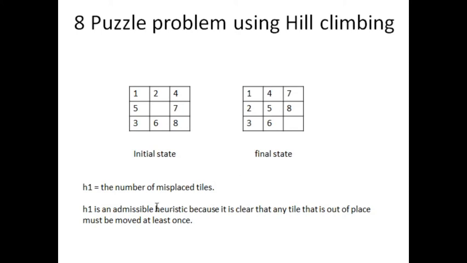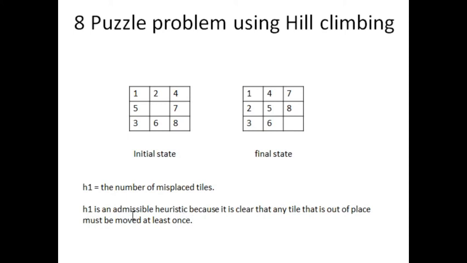In the same way, the heuristic H1, the method we are using to solve this problem, is an admissible heuristic. So what is admissible? We discussed this concept in our previous lecture. Just to recall, any heuristic value which does not overestimate the actual value, we can say that heuristic is admissible.